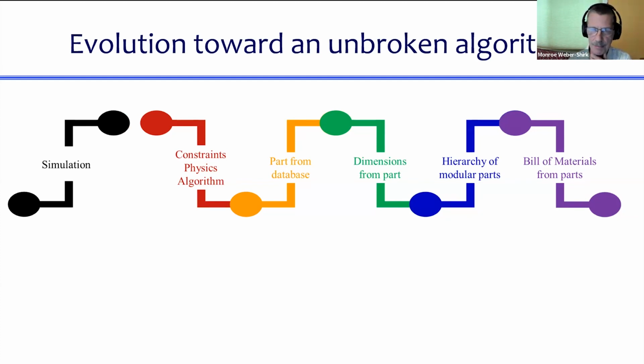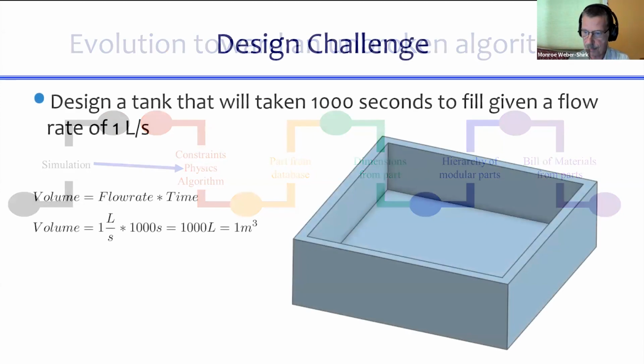And I didn't make this an integral part of the chain. And I have not been using simulation in Onshape, so I may need others to help me think about this. But the way I think about simulation is that simulation is how we learn about the physics, and we then incorporate that into our design algorithm. There may be other ways to think about how you integrate simulation as part of this unbroken algorithm.